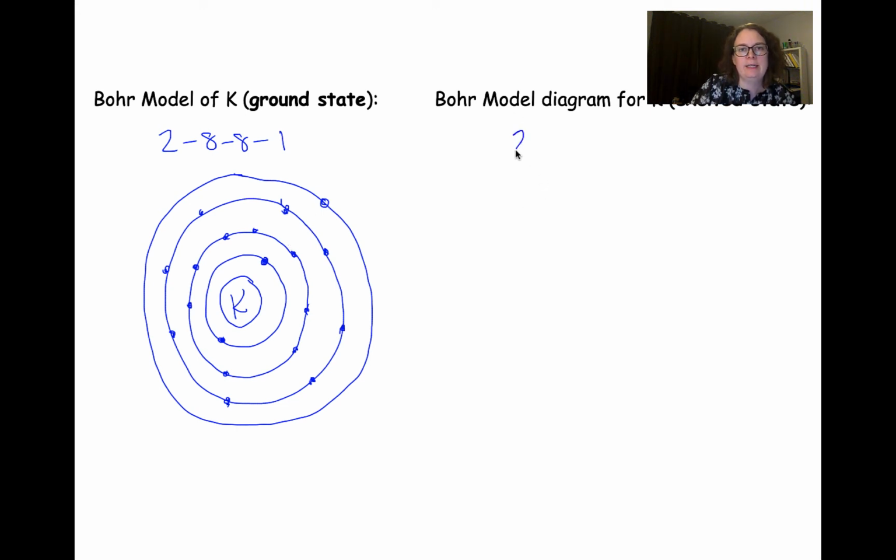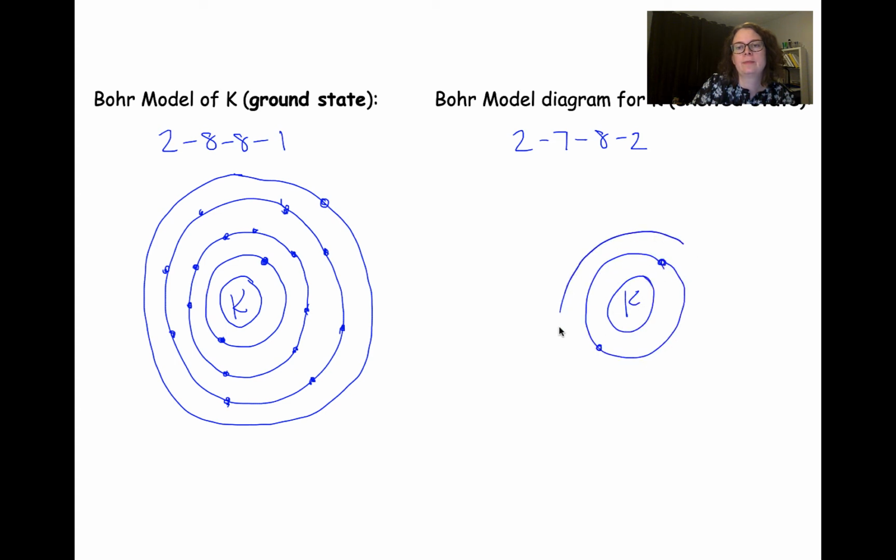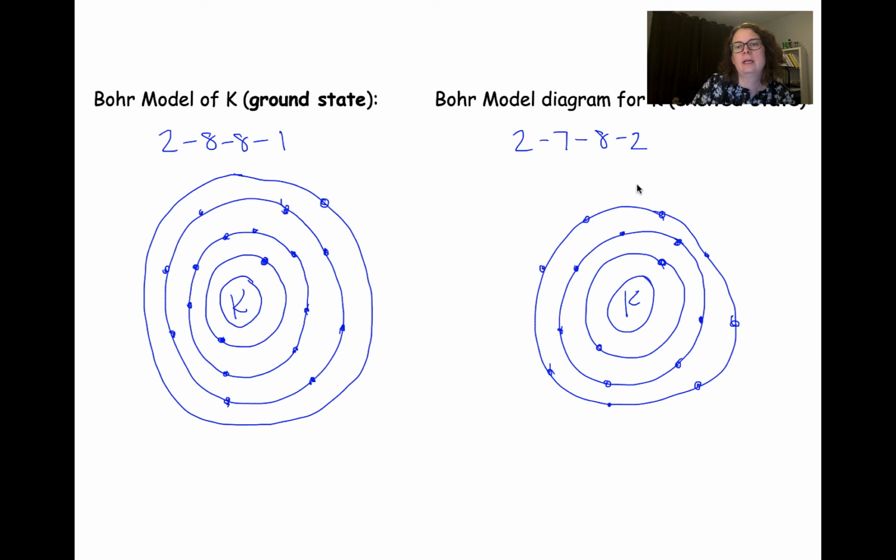In the excited state, my electron configuration is 2-7-8-2. So I can do the same thing. My n equals 1 level has 2, n equals 2 now has 7, n equals 3 still has 8, and now my n equals 4 has 2 electrons.